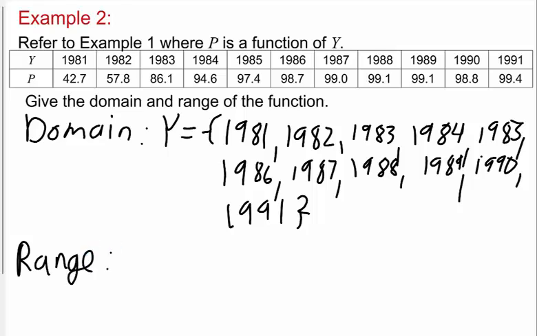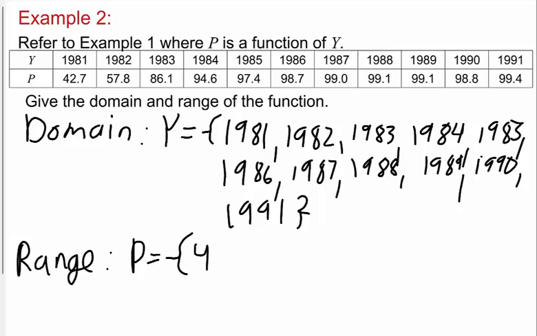The range. The range is all the values it can spit out. So P equals bracket. So we only put in the unique numbers. So we won't repeat 99.1.